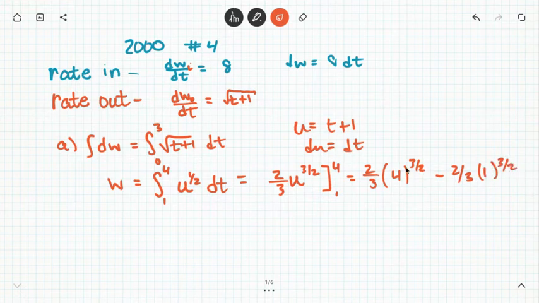I would take the square root first before I cubed it. The square root of 4 is 2. 2 cubed is 8. 8 times 2 is 16. Minus 1 to any power is just 1, so minus 2/3, and that gives us 14/3.